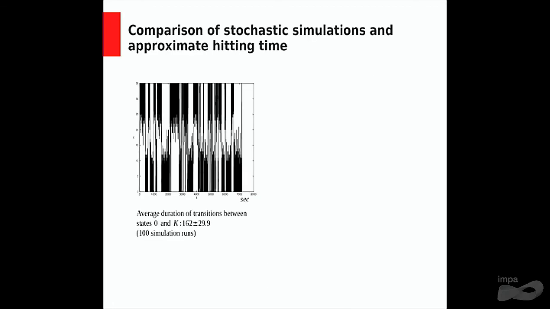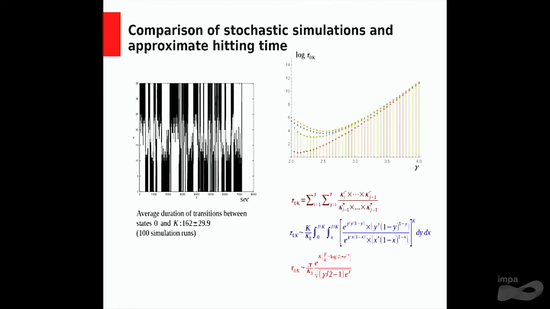Okay, now let me come back to the stochastic simulation with which I started. Here we can measure that the average period between switching is 162 seconds. And if I now evaluate those formulas, then I get this result. So this is a log plot.